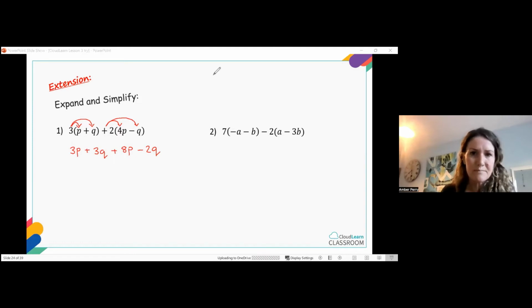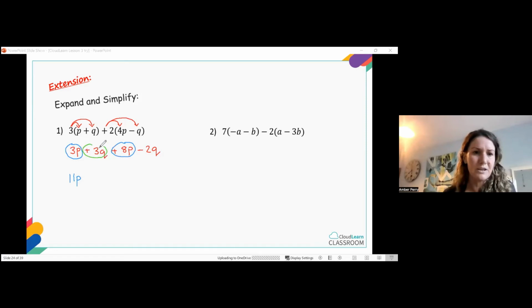And then we're going to simplify. So when we simplify, we're looking for the like terms. So we've got our p terms, 3p plus 8p. So that's going to be 11p. I hope that blue shows up clearly enough. And then I'm going to use a different color to show the q terms.